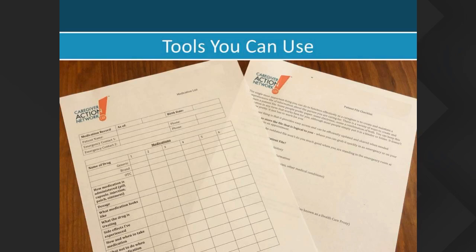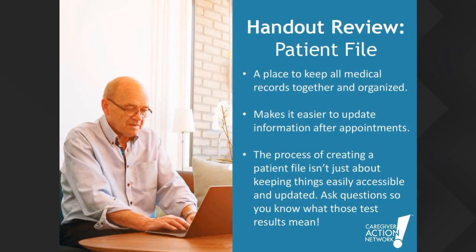So to dig into that a little bit more, with the patient file checklist, the purpose of this really is to help family caregivers keep all of their loved ones' medical records and relevant legal documents together, organized and updated.